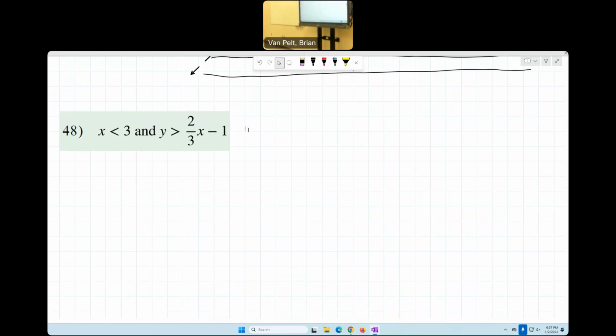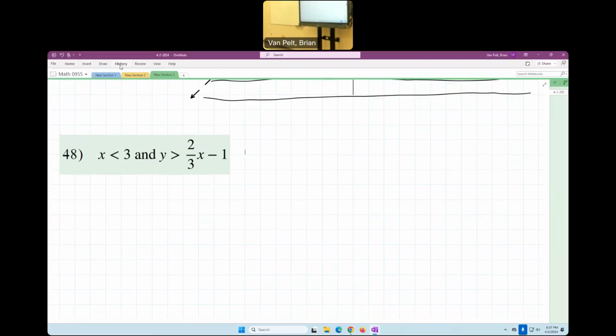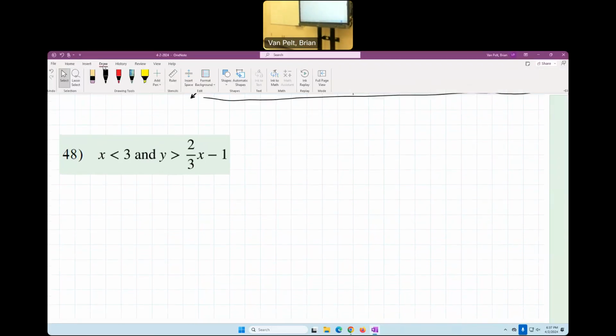Not below that line. Yeah. Well, let me go ahead and put these up.